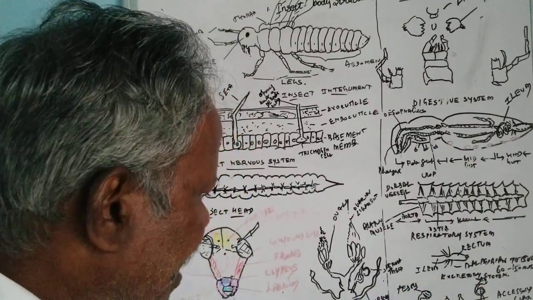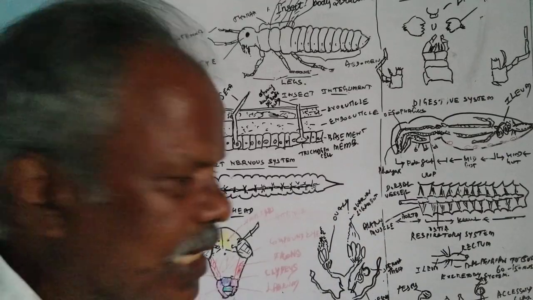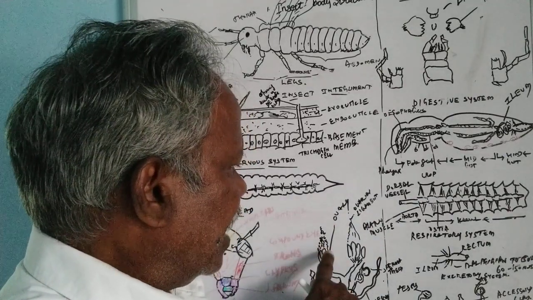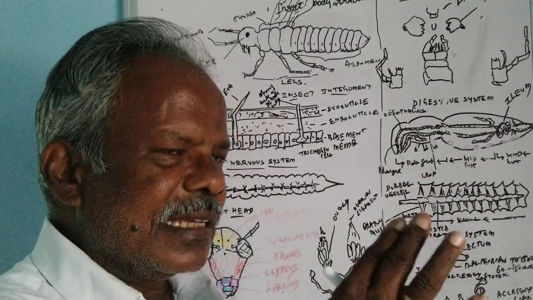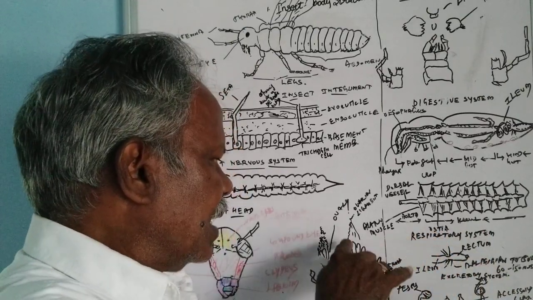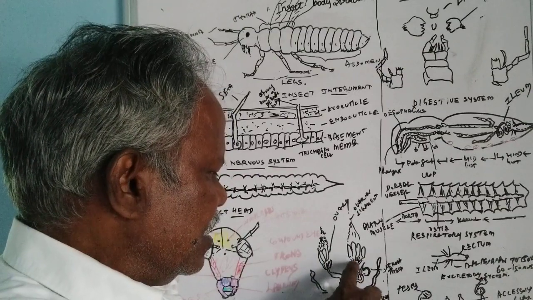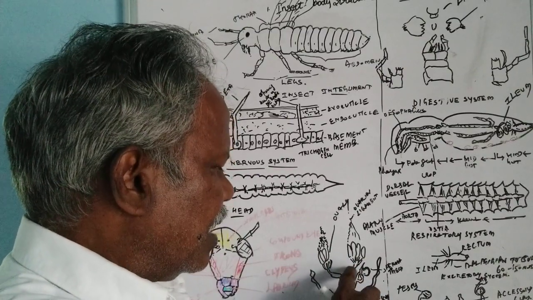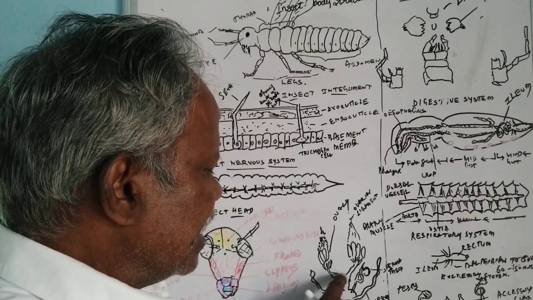And as regards the female reproductive system, it consists of the ovary and then the ovarian ligament. All the ovaries are linked because it is so soft, that is called the ovarian ligament. And then all the ovaries are connected through a common oviduct.